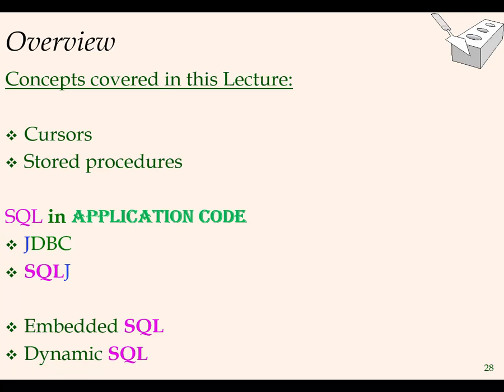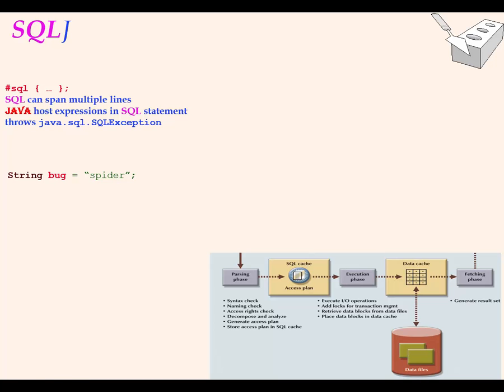Okay, let's look at the second one, SQLJ. So I'm going to use this #sql. In the host language, which is Java, I'm going to embed. So this is Java, String bug, spider, and here's my #sql, open, close braces, semicolon. What I'm going to do is embed SQL in Java. So this is insert into bugs, name, numlegs, the values.